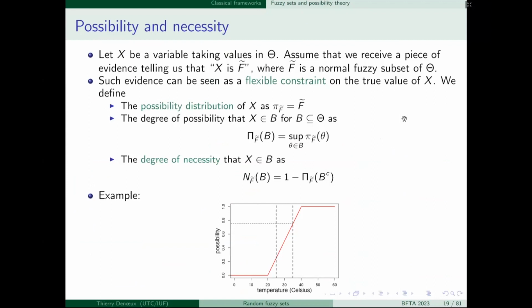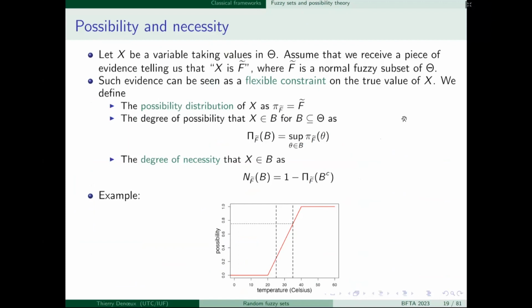For example, you learn that somebody has been outside and it tells you that outside it is hot. Okay, so you have some information. So now you know something about the temperature. Okay, you know it's not minus 10 degrees. You know it can definitely be 40 degrees and so on. Okay, so this is the idea of a constraint, but it's not a hard constraint. It's kind of a flexible constraint.